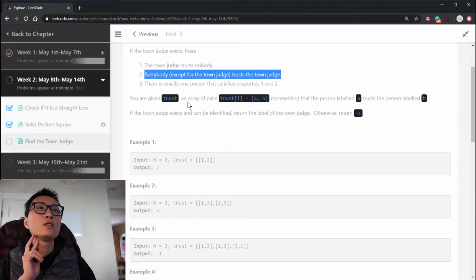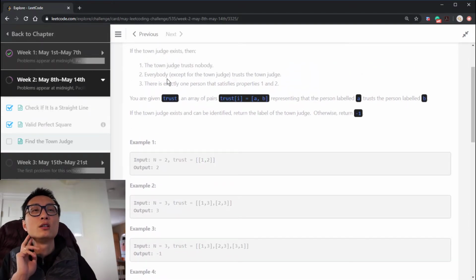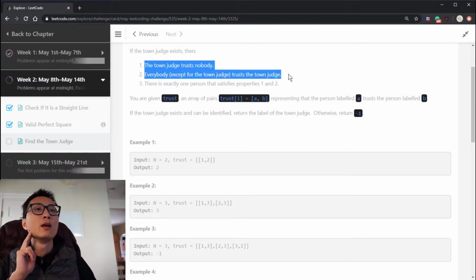So if we process this array to populate statistics about the number of incoming and outgoing edges for every node, we can do a simple query from 1 to n to see which person satisfies these two properties.